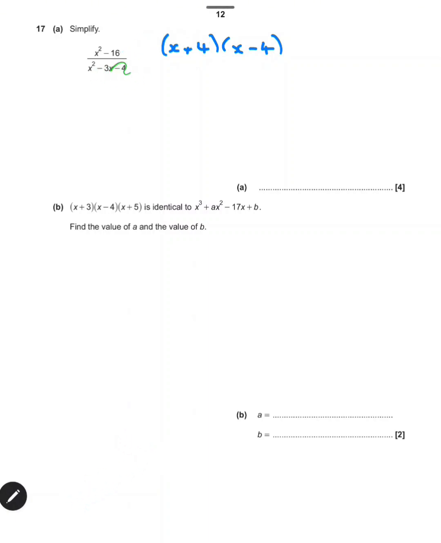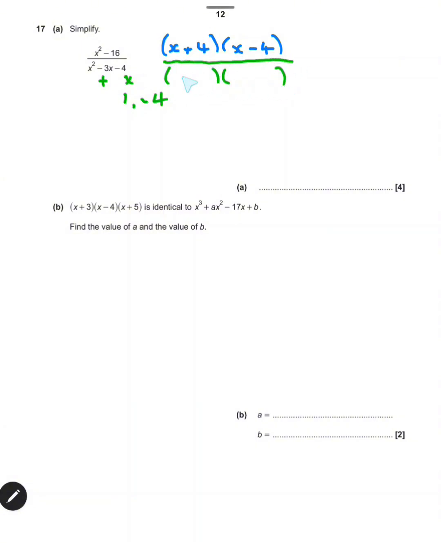Bottom quadratic is a little bit more standard. We're looking for two numbers that add to -3 and multiply to -4. So let's start with the numbers that multiply to -4. We've got 1 times -4. I'm going to stop right there because these two numbers, 1 and -4, will add to -3. So they're my two numbers that are going to help me factorise that quadratic.